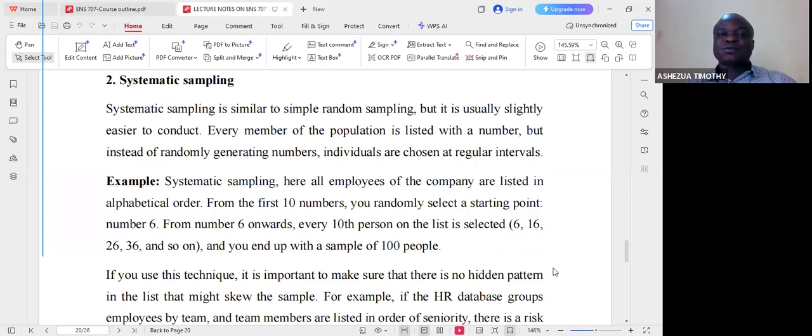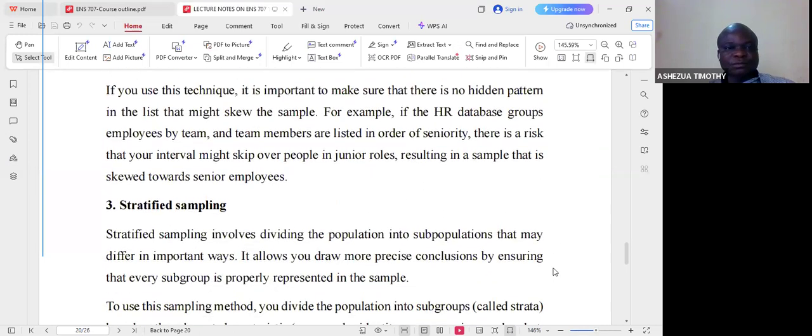From number 6 onwards, select every 10th person on the list: 6, 16, 26, 36, 46, and so on. And you end up with a sample of 100 persons.